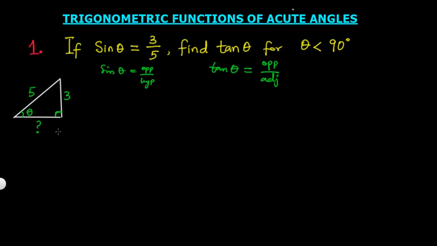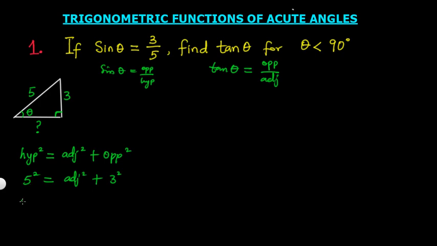The Pythagorean theorem says the square of the hypotenuse side is equal to the sum of the squares of the adjacent side and opposite side. So in this situation, we have the hypotenuse to be 5. So that will be 5 squared equals adjacent squared, the adjacent is not known, plus the opposite squared, which is 3 squared.